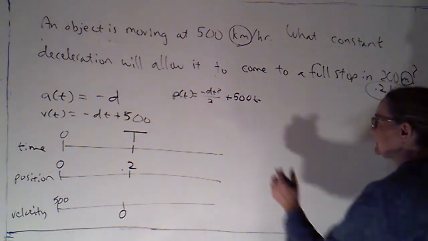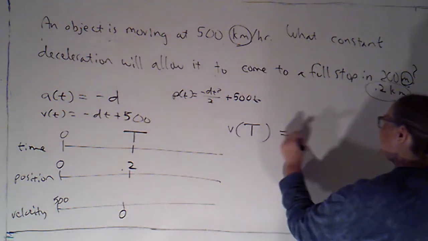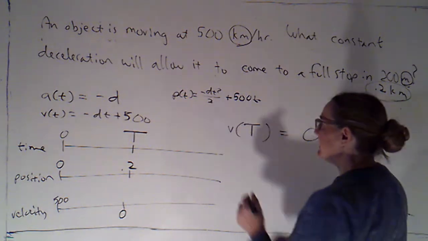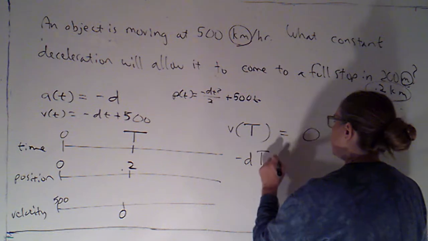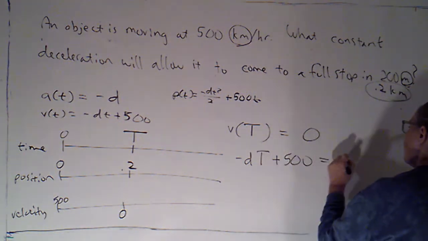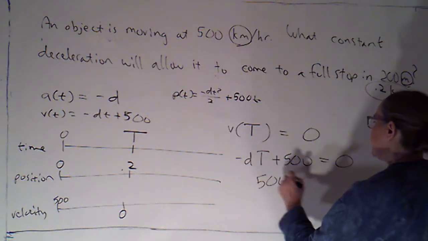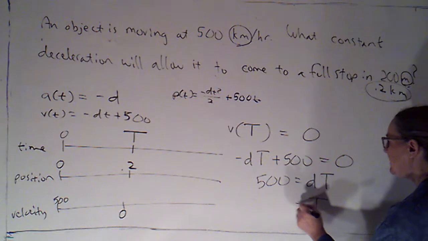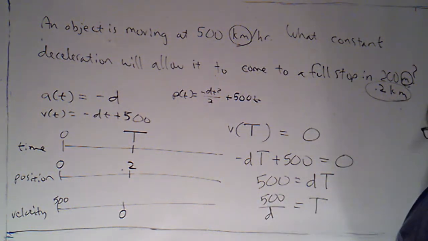So let's see. I know my velocity at this unknown time t has to equal 0. But if I plug in capital T, I'm going to get negative d times t plus 500 has to equal 0. So that would mean that 500 is equal to d times t. So the time will be 500 divided by d.